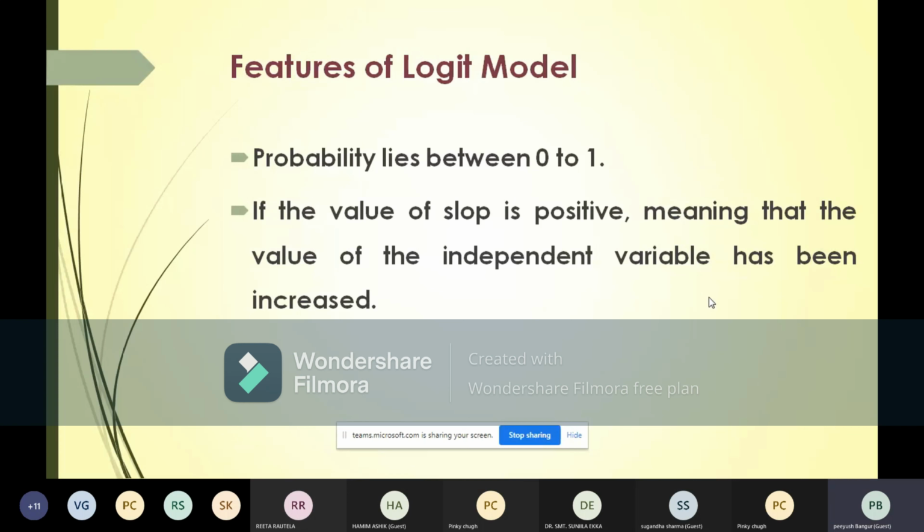Let us take one example, just to make it clear. For example, if we keep GDP as the dependent variable and import as the independent variable, in this case what will happen? The coefficient will tell you how much GDP is impacting the import.